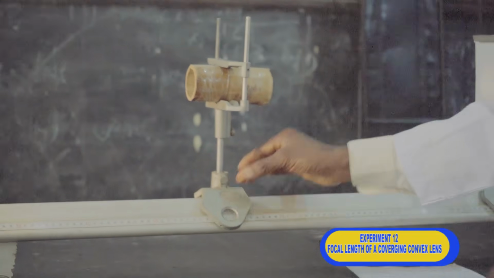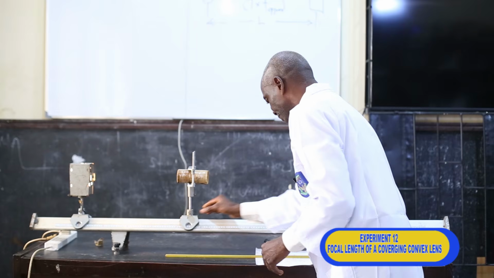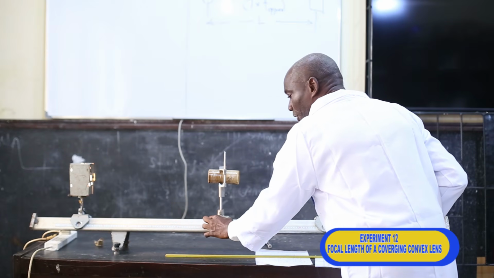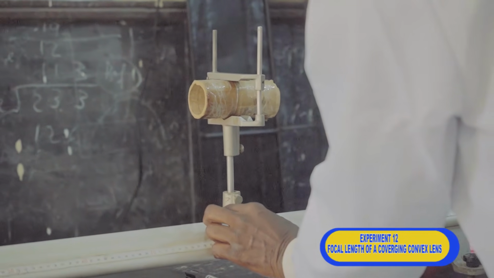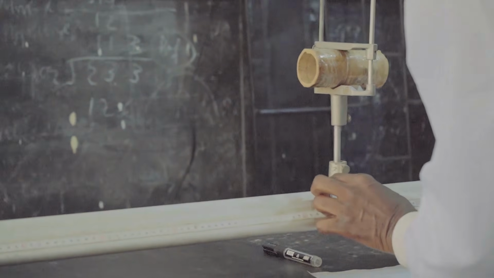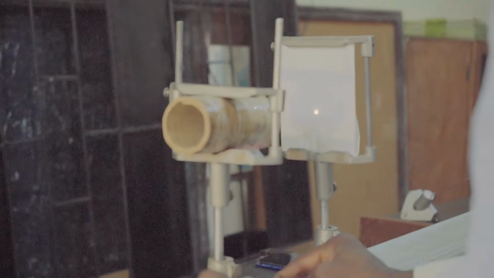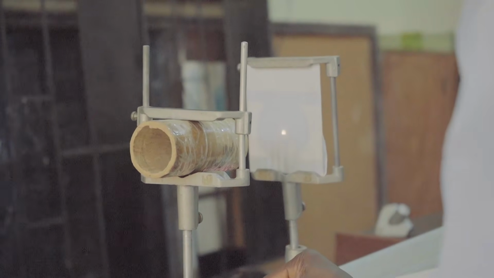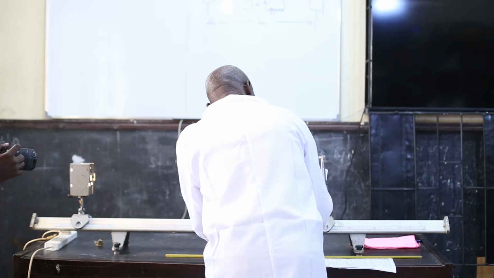We have the convex lens in between the two of them. So what we do is move the convex lens towards the screen to obtain a sharp, diminished image of the crosswire. We have the sharp, diminished image formed on the screen, as you can see now.